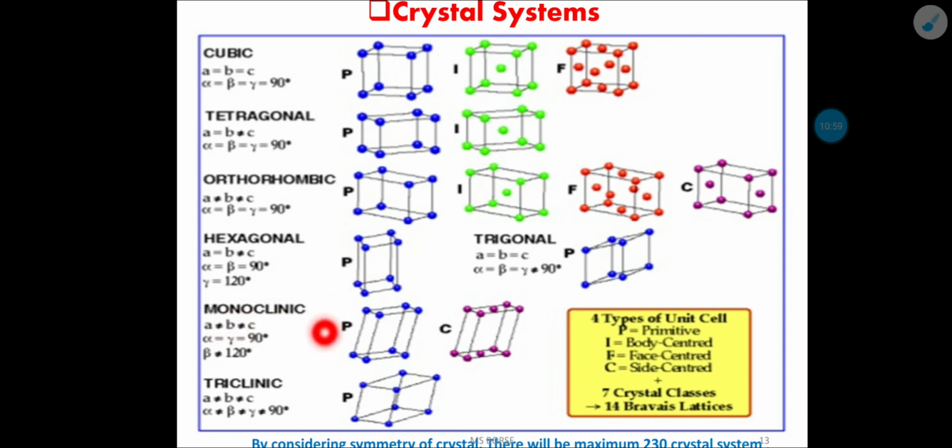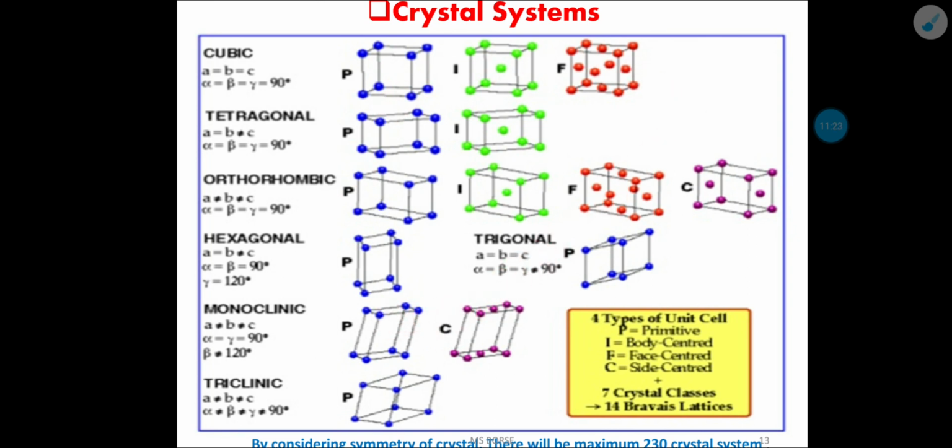In monoclinic, there is simple monoclinic and end center monoclinic, and in triclinic there is only simple triclinic. So these are the 14 possibilities of crystalline systems by considering primitive as well as non-primitive unit cells, and these 14 crystalline systems are called the 14 Bravais lattices.